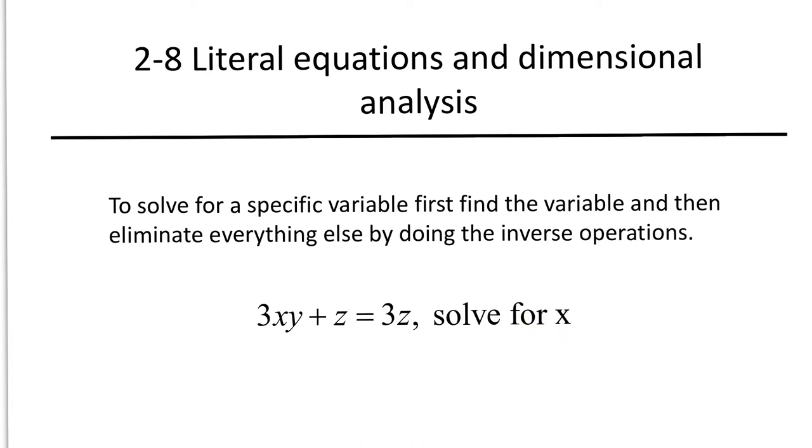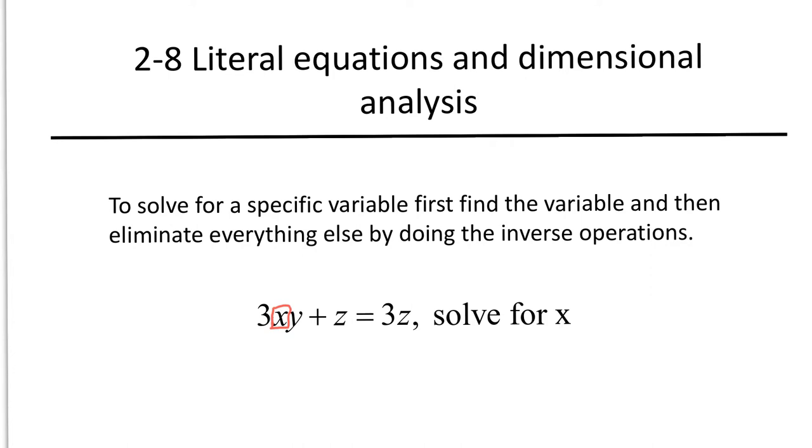Notice that we have different variables x, y, and z, and then we have another z on the right side of the equal sign. When you look for the specific variable, it says here solve for x. Well, the x is right here, and I'm going to put a box around that because that's the variable that we want to get by itself. So we want everything else on the other side of the equation, and to do that, we need to do the inverse operations, which is the opposites.